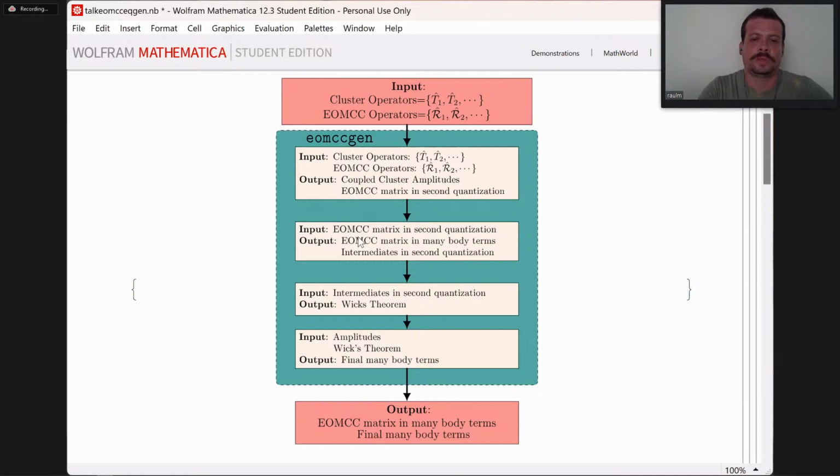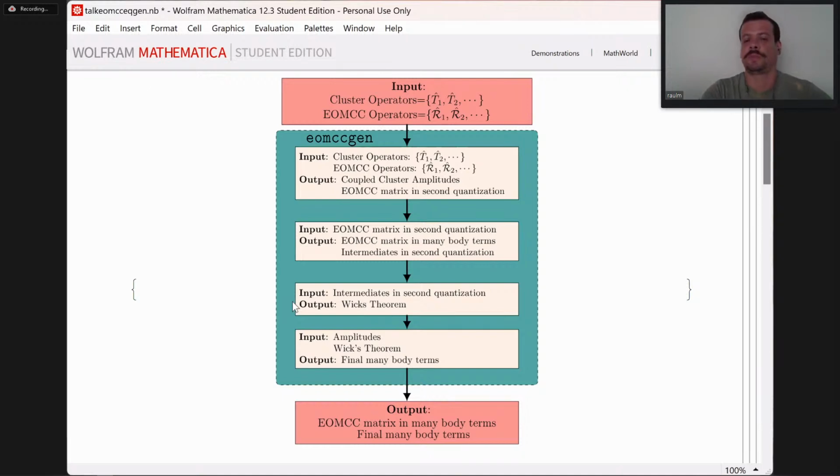In the next step, we use as an input this equation of motion matrix in second quantization to obtain the many body terms that we saw in the last part. And then we use these intermediates in second quantization. This step is actually the harder one of the algorithm.